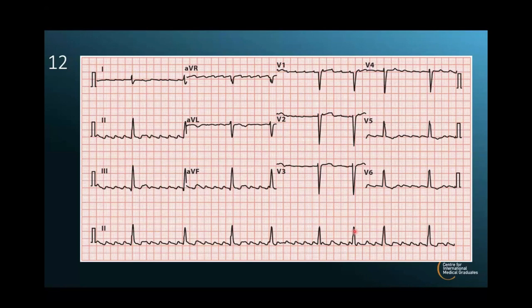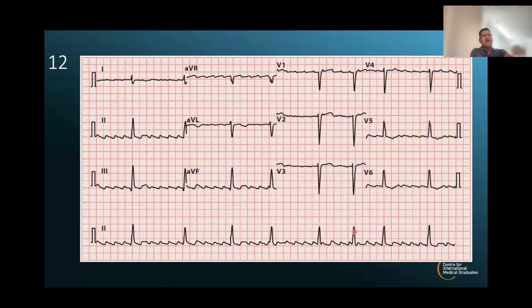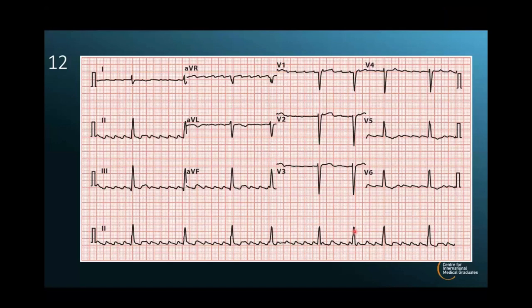So you could either go with rate control if you weren't confident that it was less than 48 hours within presentation, or you could go for rhythm control if you are confident of that timing. And I think you can choose between cardioversion chemically or electrically.